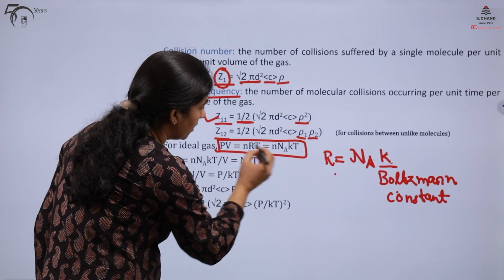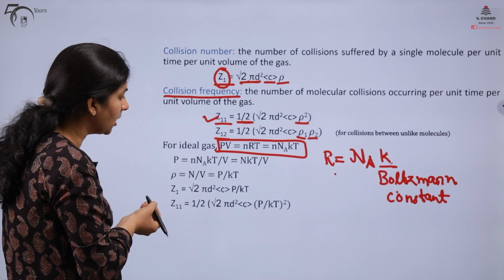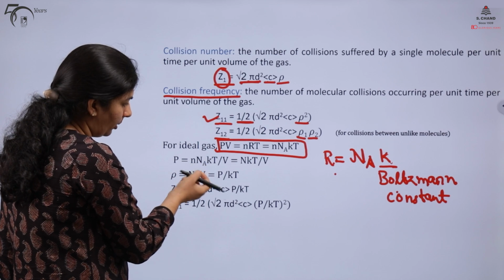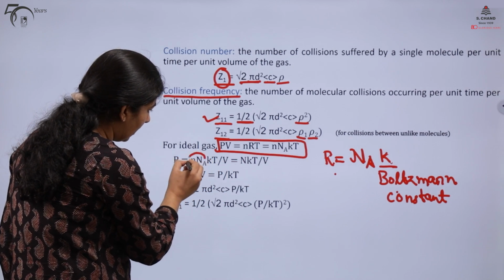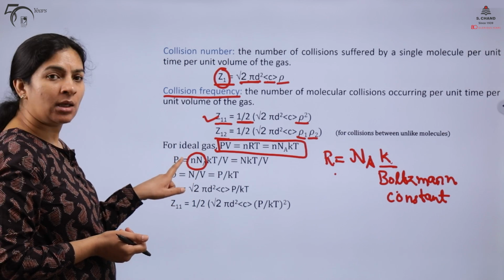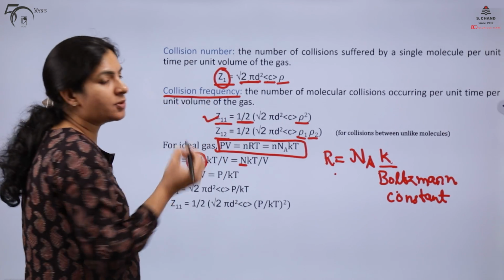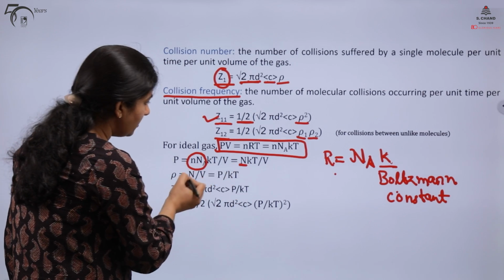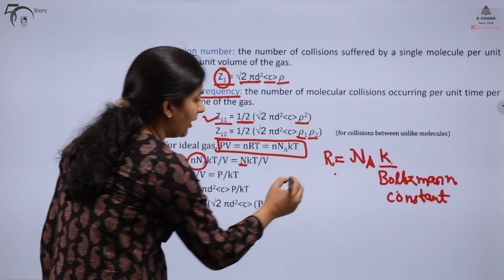Using the fact that we can split R into Na multiplied by the Boltzmann constant, we can further write pressure equals n into Na kT by V, and this product n into Na is what? Na is Avogadro number, n is the number of moles, so it becomes the total number of molecules present in the gas. Therefore, it becomes P equals NkT by V. How do we define N by V?